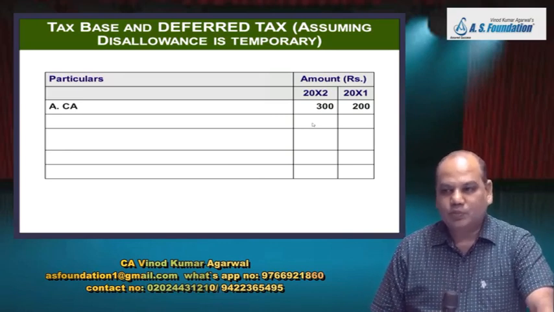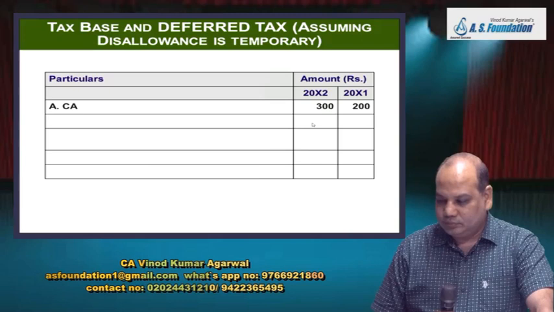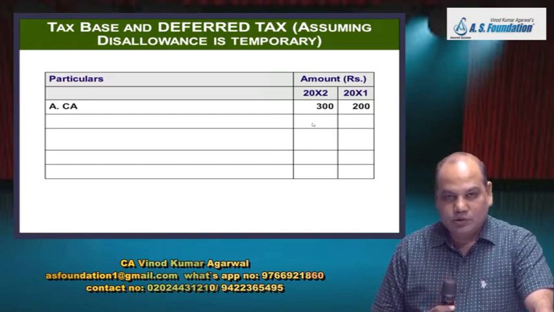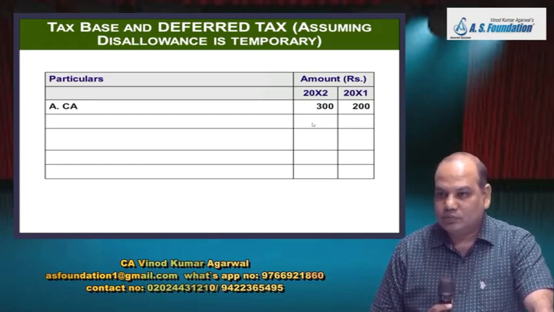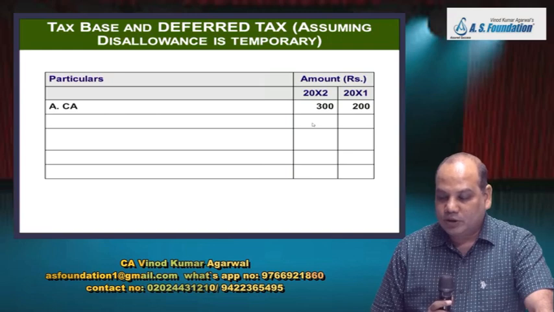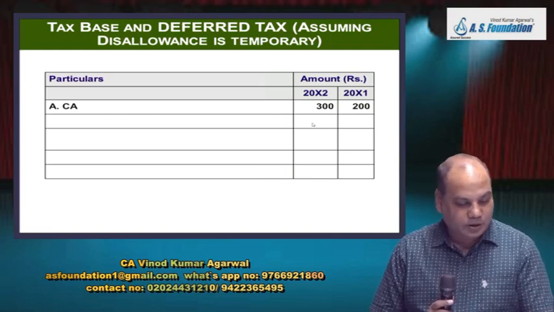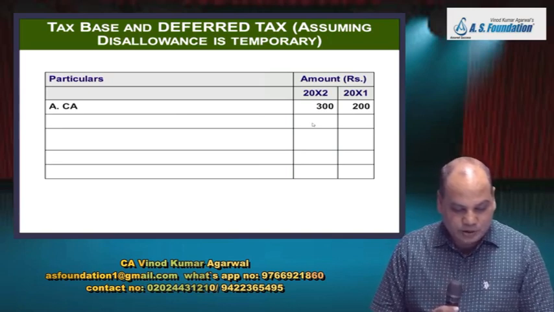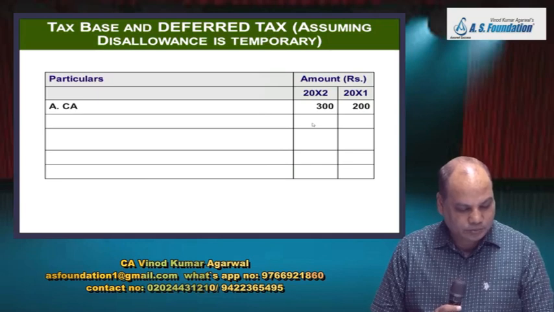Let us say this is a bonus payable to staff which you have charged in P&L account, but that bonus was not paid. So it will be paid in the subsequent year now. So this year it will be disallowed, but in subsequent year it will be allowed.